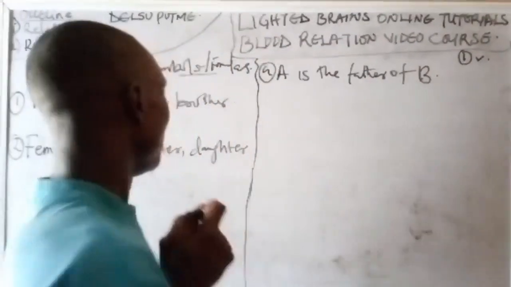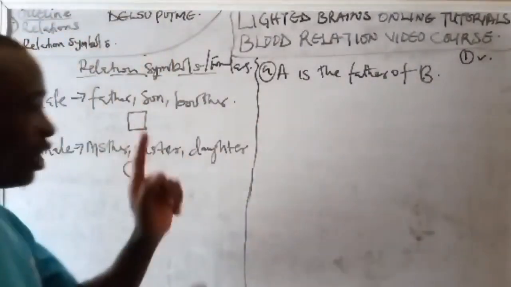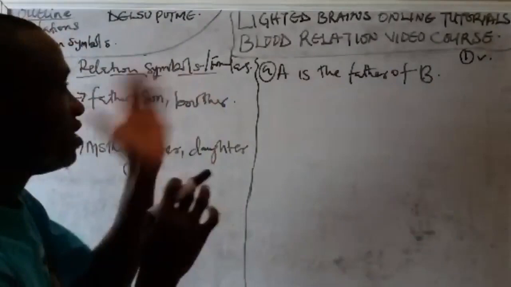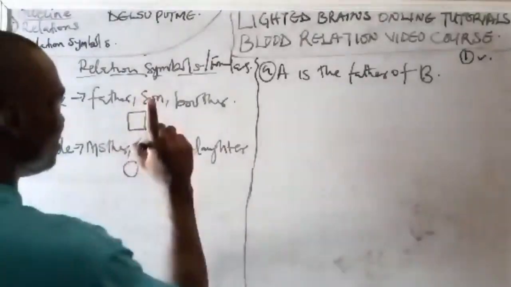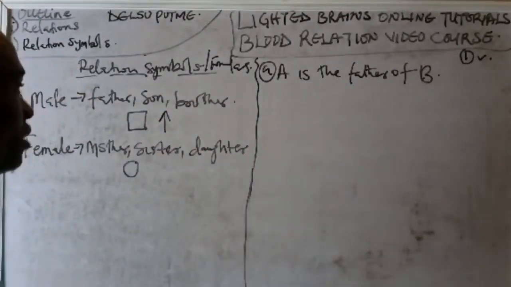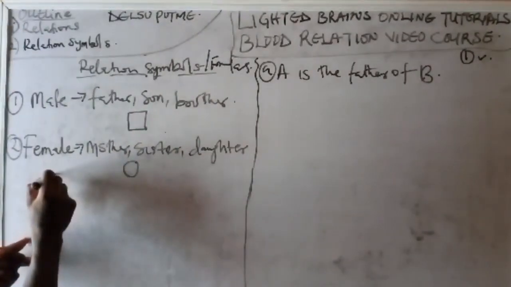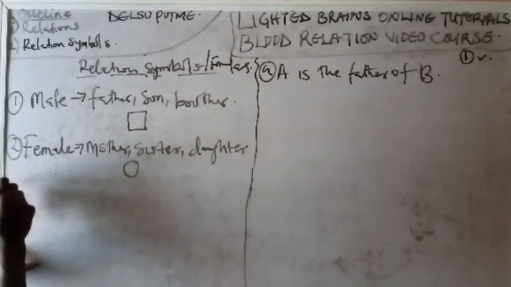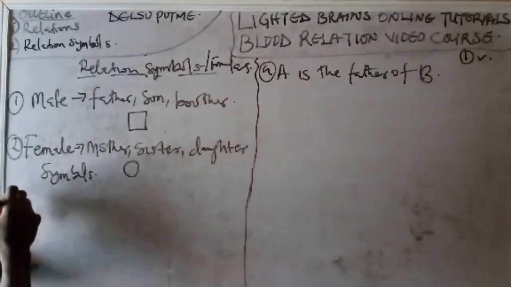Now, to represent this using symbols, when they say somebody is the father of, it means this symbol. Please write down.